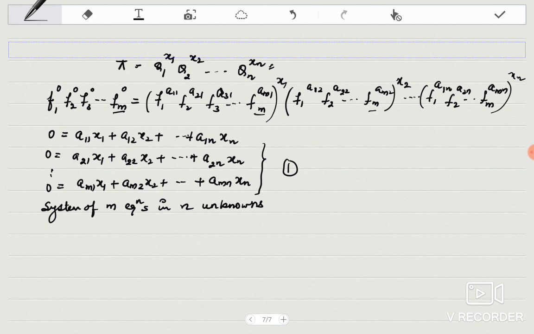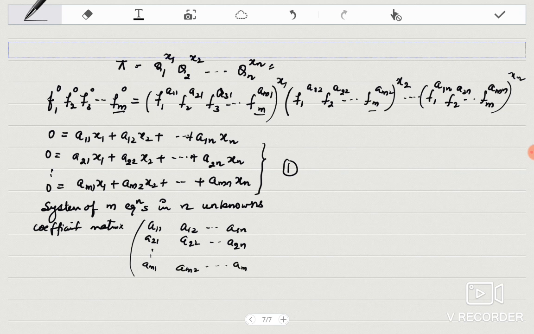And what is the coefficient matrix? It is a11, a12, a1n, a21, a22, a2n, am1, am2, amn.